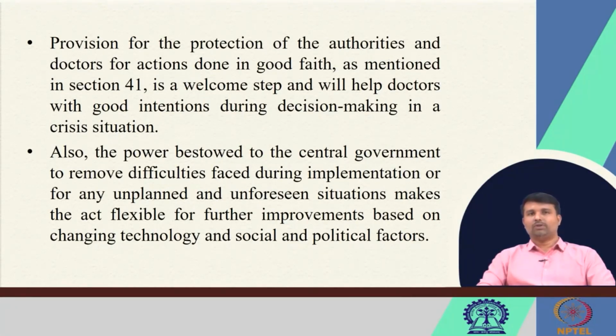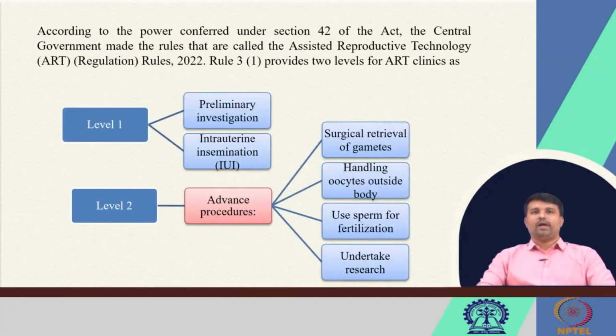Provision for the protection of authorities and doctors for the actions done in good faith is also given in the Act. Similarly, power is bestowed on the central government to remove any difficulties faced during the implementation of the Act. According to the powers conferred under section 42, the central government has already made the rules which provide for 2 levels of ART clinics.